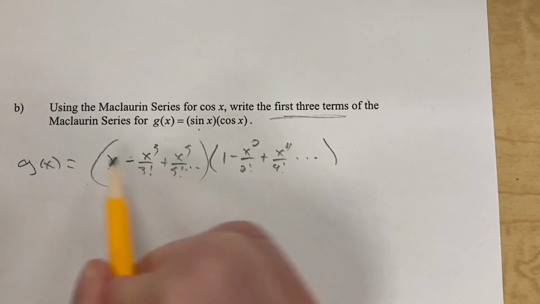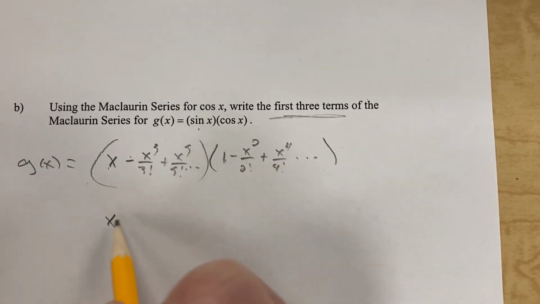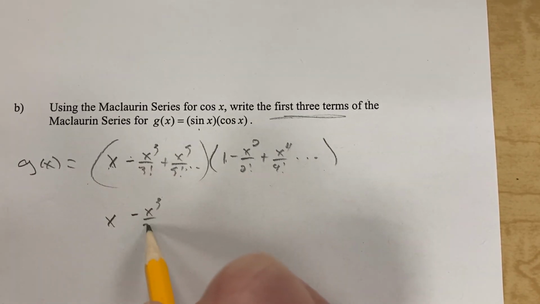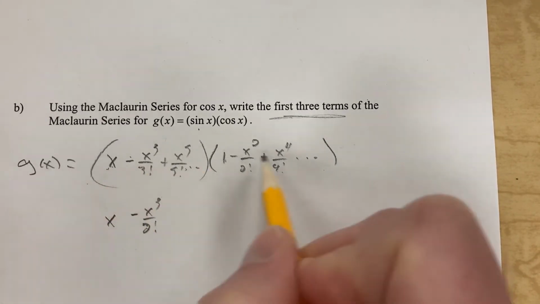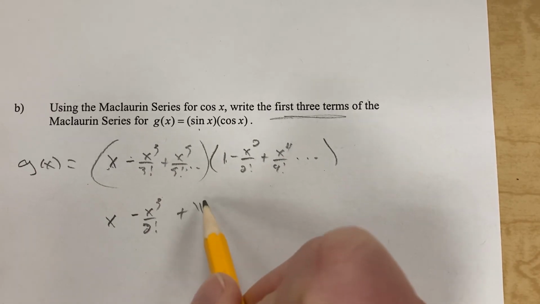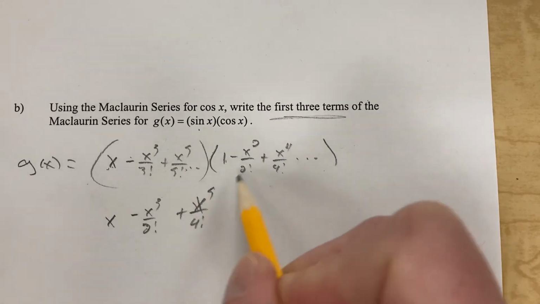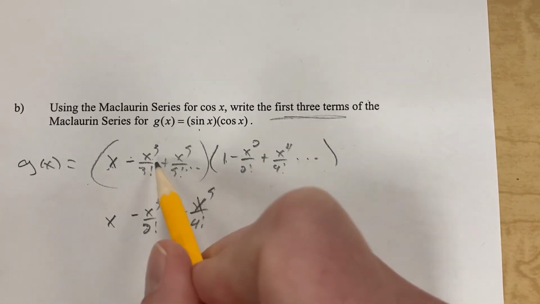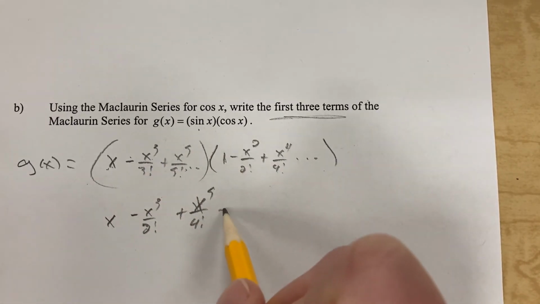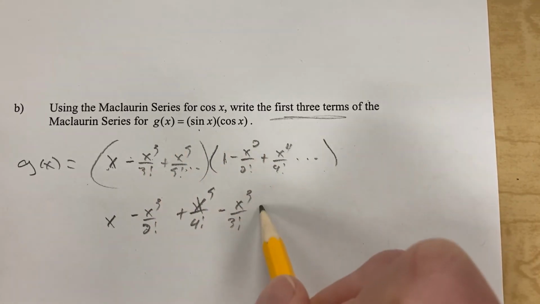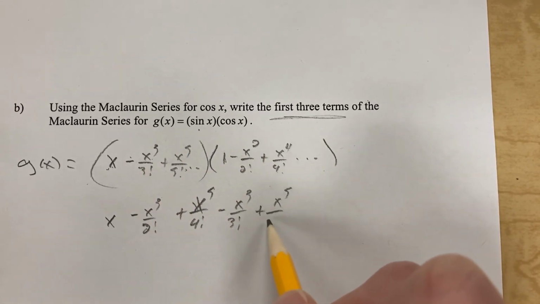So if I go x times 1, I get x. X times this would be a negative x to the third over 2. X times that would be x to the fifth over 4. All right, that's probably good. Let's do the next one. This will be negative x to the 3 times 1, so negative x to the 3 over 3. Then this would be a positive x to the fifth over 3 factorial, 2 factorial.